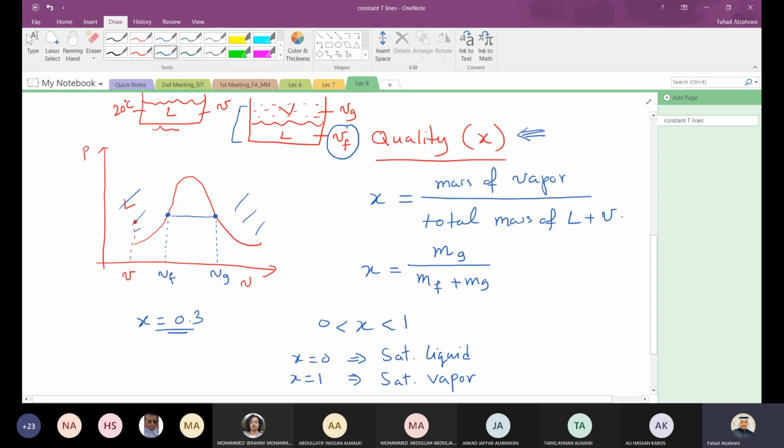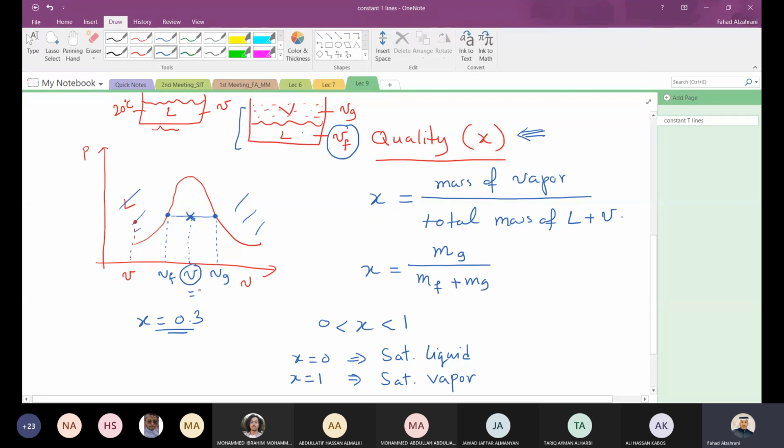Now if I have both liquid and vapor, a mixture, the liquid has VF and the vapor has VG, but for the whole mixture, can I find an average? That's the question now. Can I find an average specific volume for the whole mixture? If I have, let's say, x equal 0.3, 30% vapor, what is this V here?